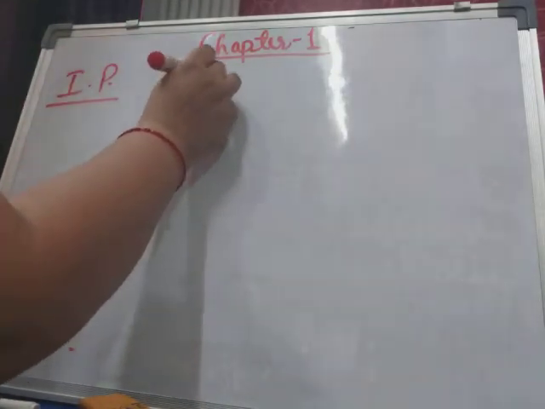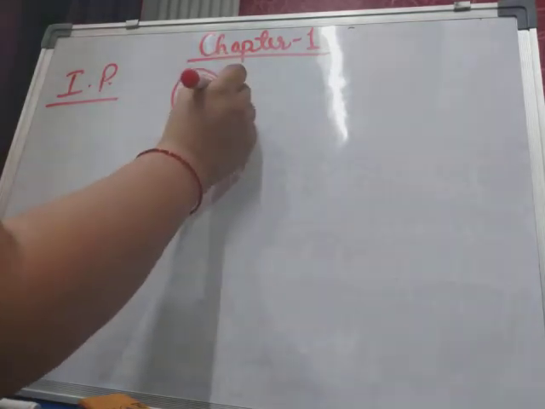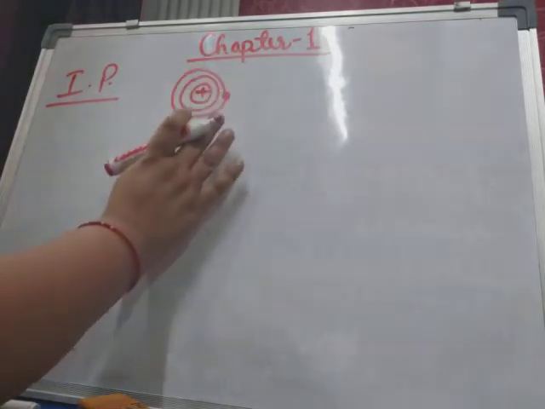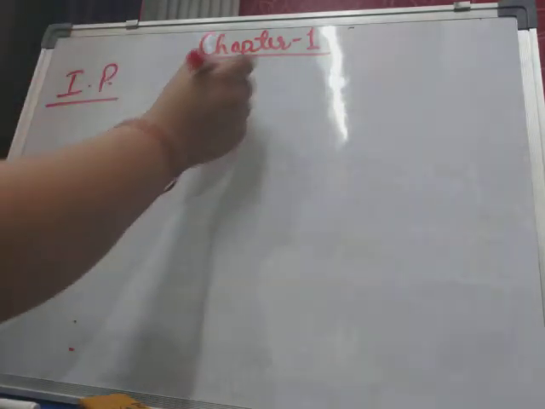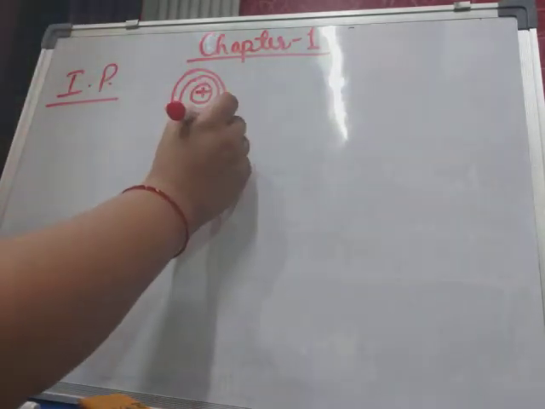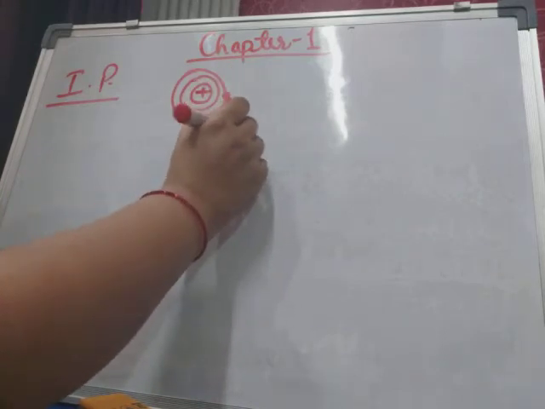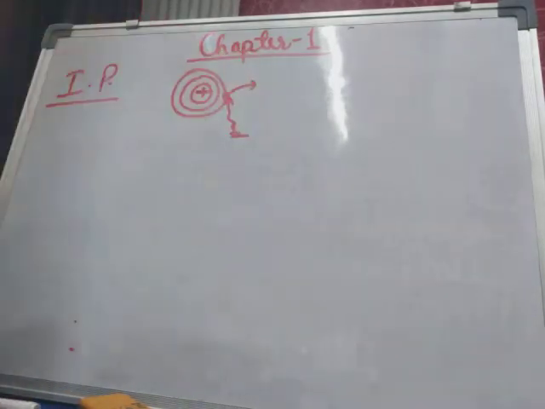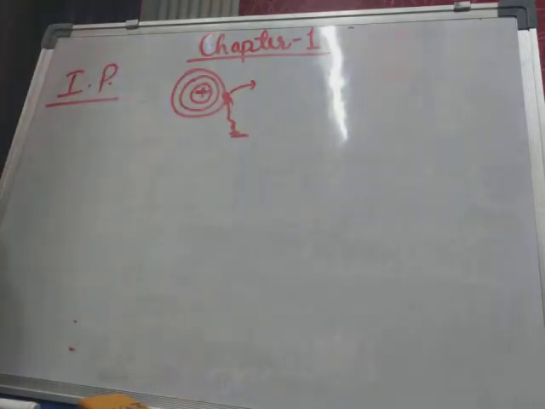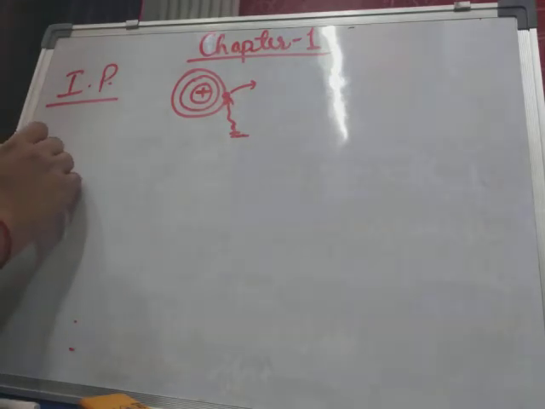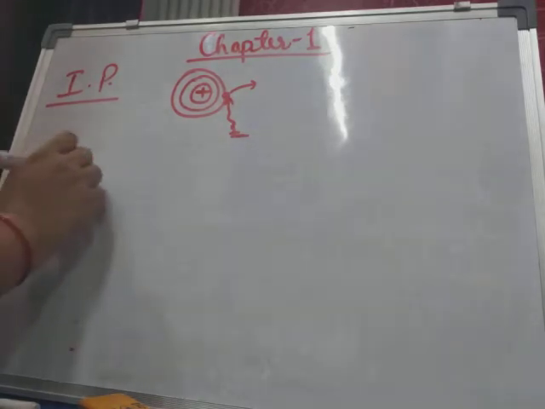Suppose this is an atom, and this is the outermost electron I am showing here, and we have to remove this electron from here. The energy required to remove this electron from an atom is called ionization potential.